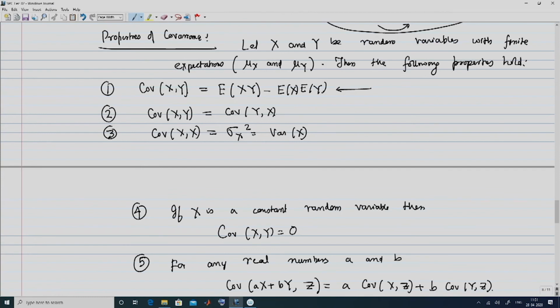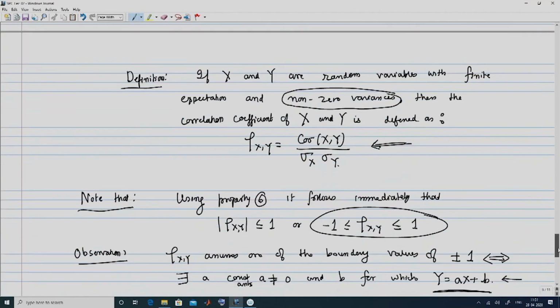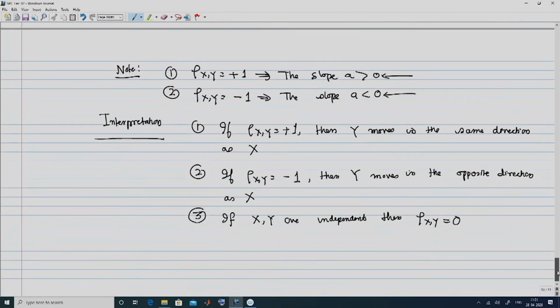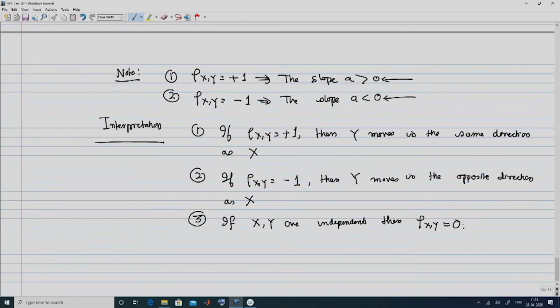If X and Y are independent, then E[XY] is equal to E[X] into E[Y], so covariance will become 0, and consequently naturally your rho also is going to be equal to 0. However, we need to be cautious that the converse is not necessarily true.